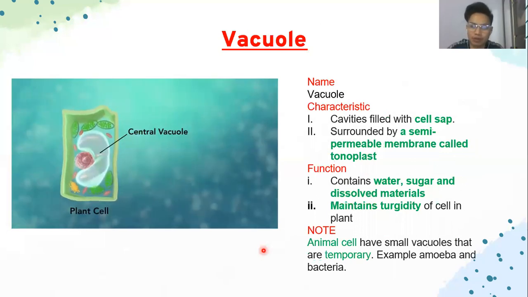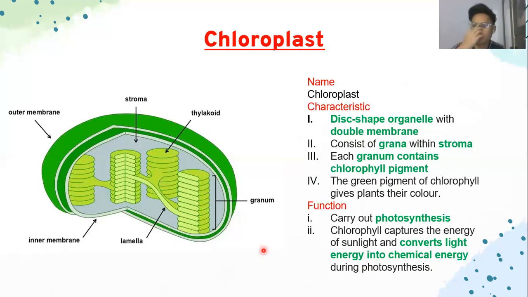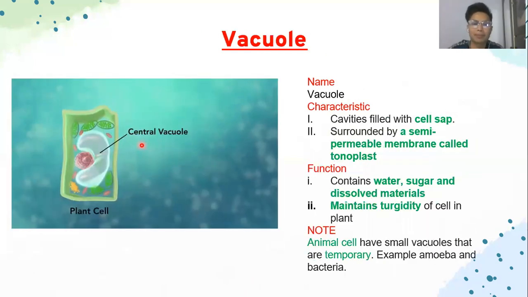Next is vacuole. For this organelle, you can only find it in plant cells. It has cavities filled with cell sap surrounded by a semi-permeable membrane called tonoplast.